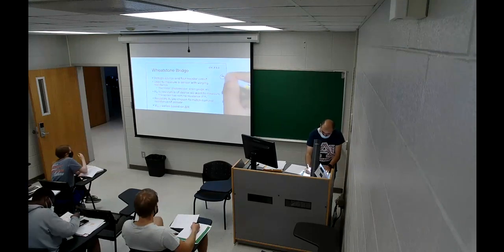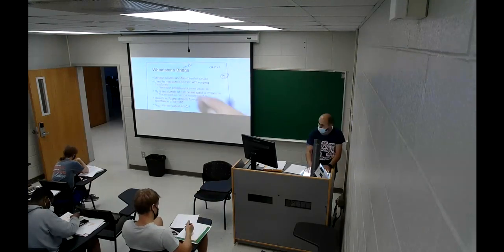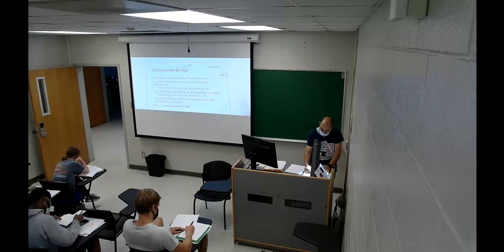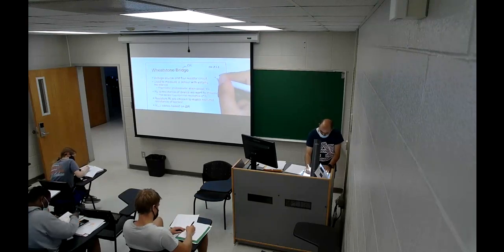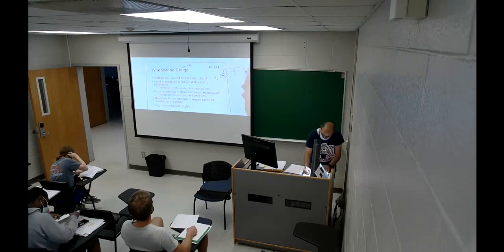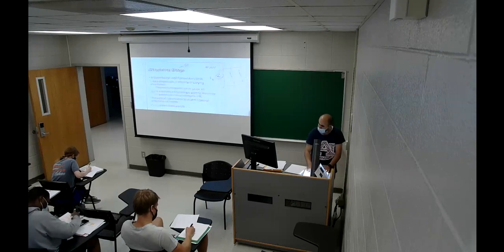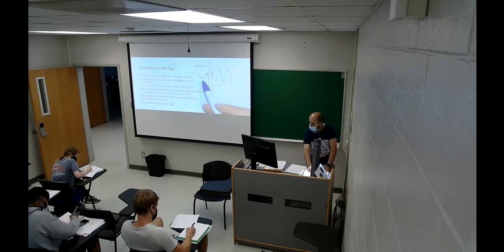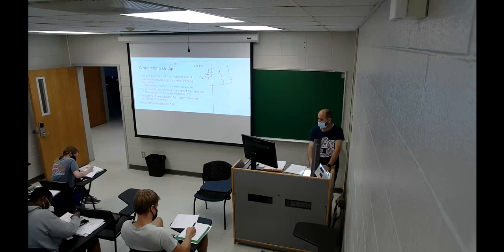And usually it's DC. This is one of the applications of DC, so it will not be that difficult. So it's a DC source, resistor, resistor, resistor here, resistor here. So that's the Wheatstone bridge: a DC source with 4 resistors.